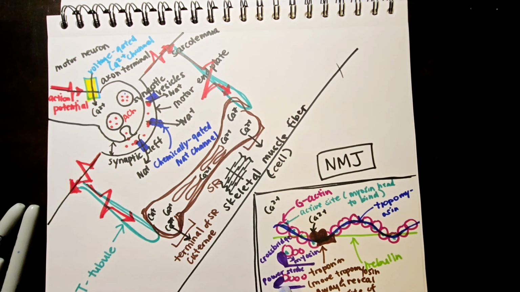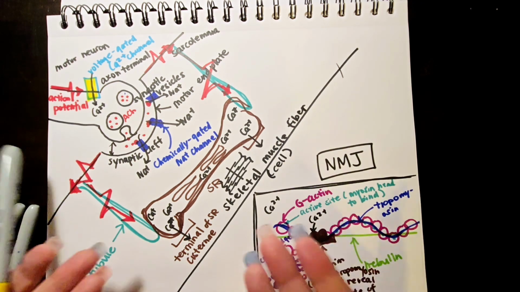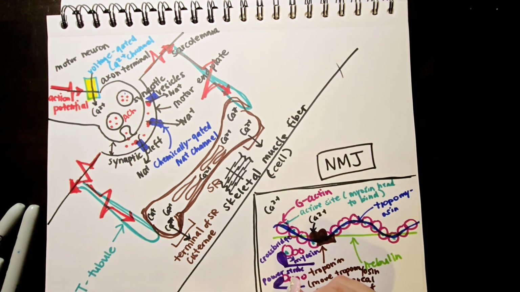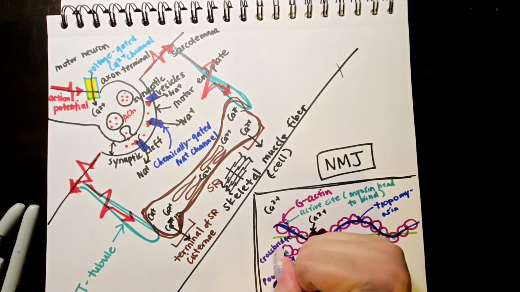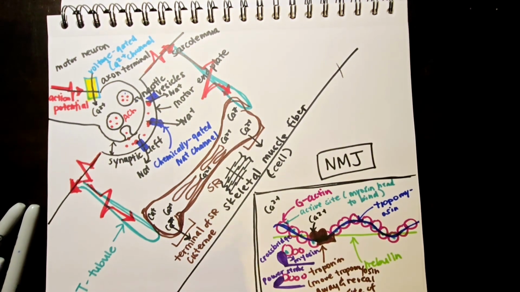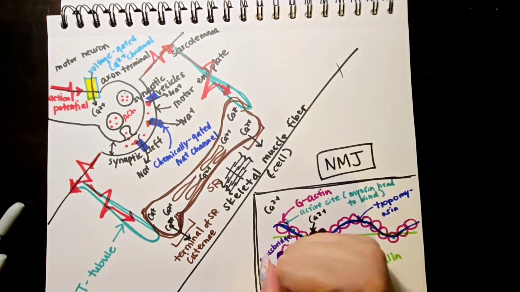Now, what can release the myosin head from the g-actin? It has to be released in order to keep doing this over and over again. This is where ATP has to come in. I'm going to use a little star to represent ATP.